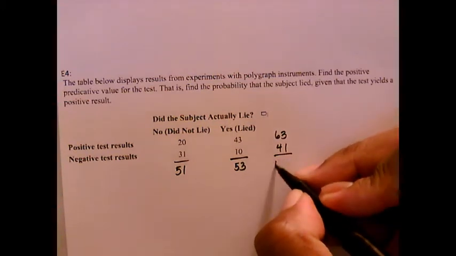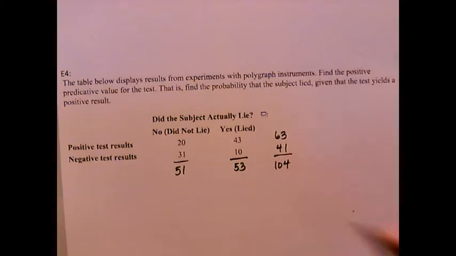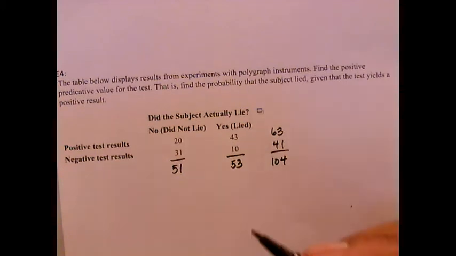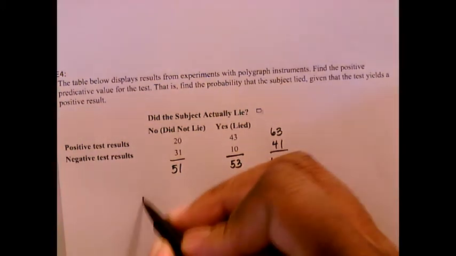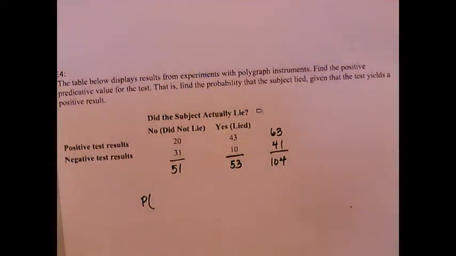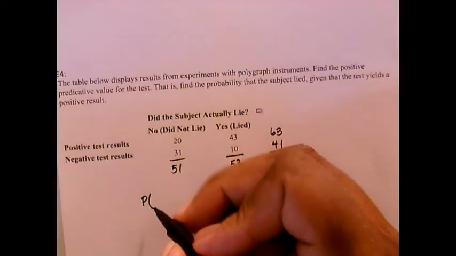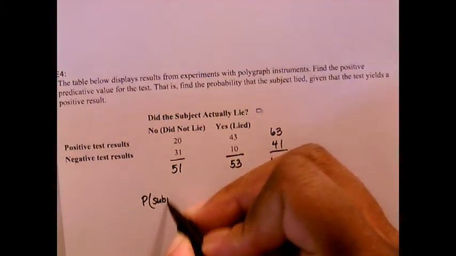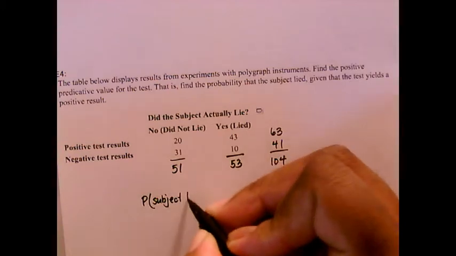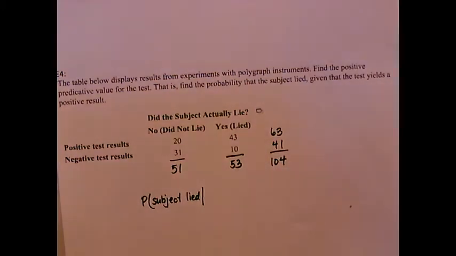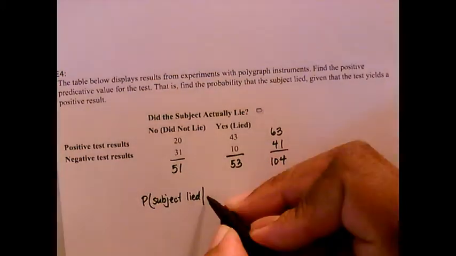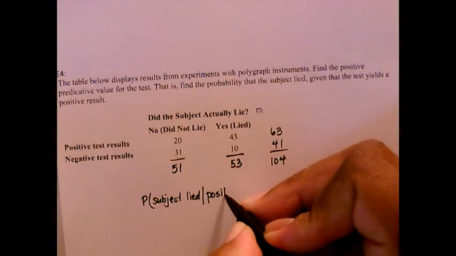So this should end up being 104. Okay? Now, what I want is the probability that the subject lied given that the test revealed a positive result.